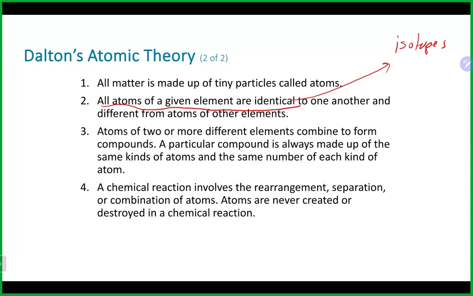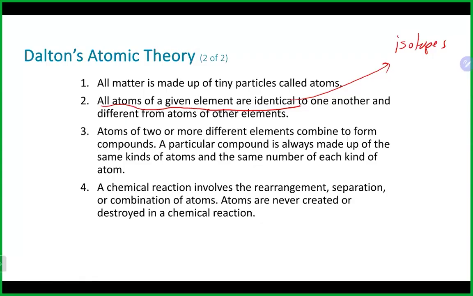Isotopes are the same element, but they have different masses. So even though they're the same element, they have different masses, which means they clearly cannot be identical to each other. That part of Dalton's atomic theory is also incorrect.